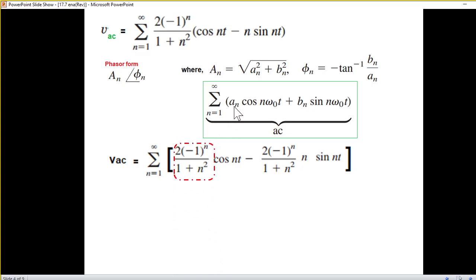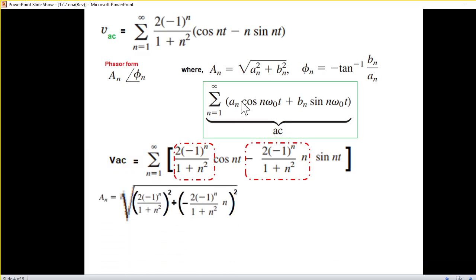This part is our A_n, and this whole is B_n. Now remember, we have also included the negative sign, minus sign, because here it is a positive sign, therefore B_n will include the negative sign. And also there is an n here, so this n will also be part of the B_n.